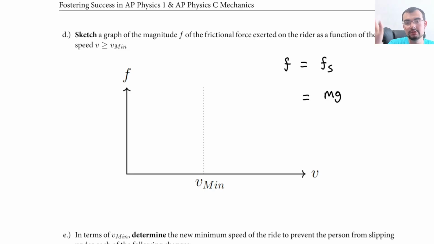Yes, it's true that as the V goes up and up, the normal force goes up and up, so Fs max goes up and up, but the static friction force only has to balance what it has to balance, which is just mg. So the ride can go as fast as it wants. That person still is just remaining stuck to the wall with that constant static friction force mg.